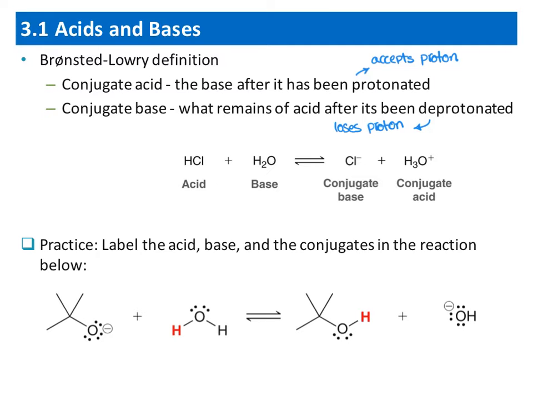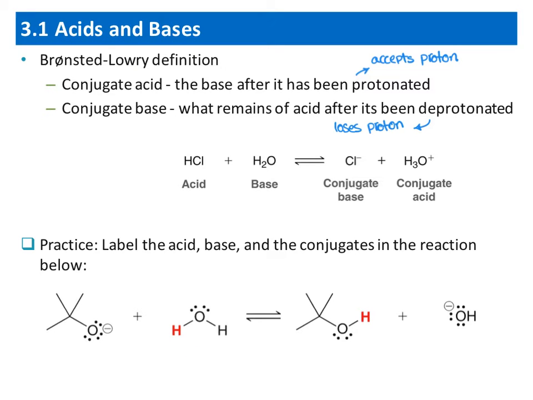Now, as a practice, let's look at this reaction here. Label acid and base and their conjugates in this equation. So, alkoxide anion reacts with water to form alcohol and hydroxide anion. As you can see here, water gets deprotonated, loses the proton to form the hydroxide anion.